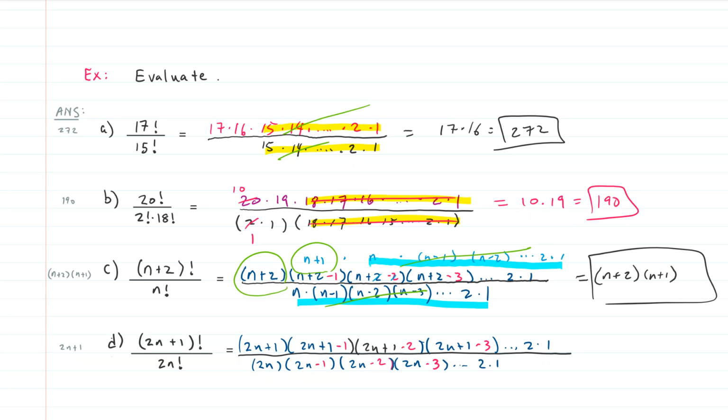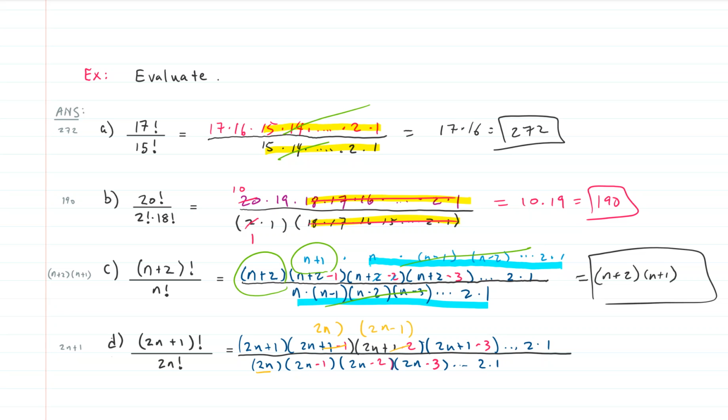So again, we're not quite sure how this is going to work out, but if we simplify things a little, we're going to see that things look great. So the 2n plus 1 stays there. The 2n plus 1 minus 1, the plus 1 minus 1 cancel. We just get 2n. Well, that's interesting because that's what we have down below. How about the 2n plus 1 minus 2? That gives us 2n minus 1.